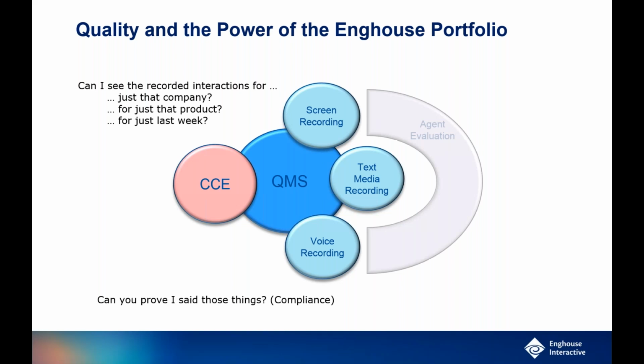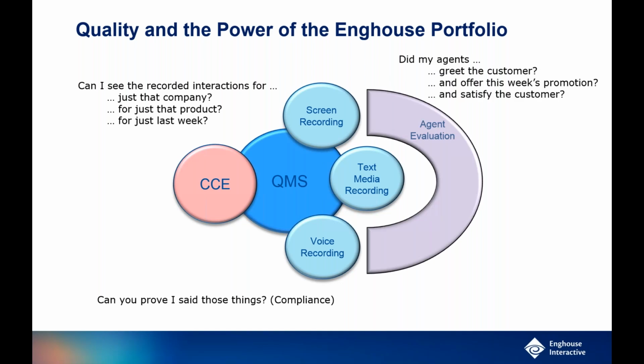But then what? What do I want to do with the fact that I can search? Now I layer on what QMS calls agent evaluation. And now I can answer questions like, did my agents greet the customer properly? Did they offer the marketing promotion from this week? What was the overall satisfaction level of the customer?